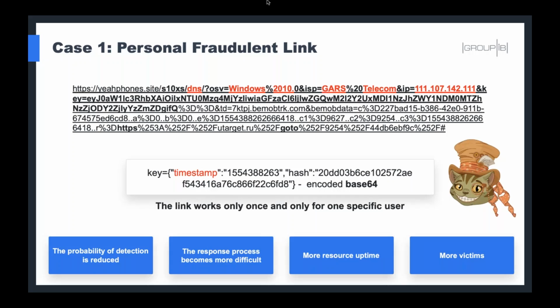Okay, and now let's look at the next part of the link marked bold. So it is a special private key which was coded with base 64 and which was encoded by us. So here you can see that this key consists of a timestamp.